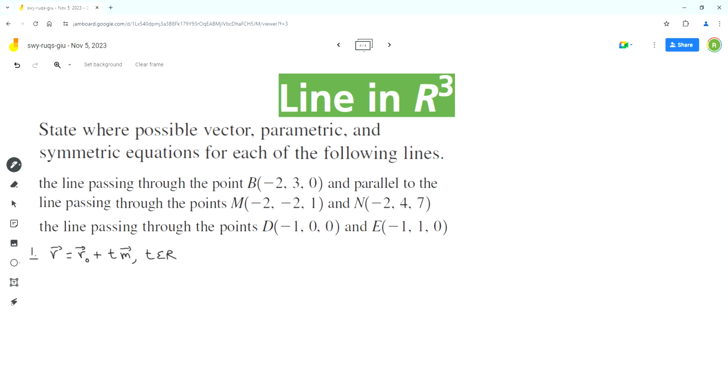Vector r0 represents position vector of a known point that lies on the line. T is the parameter and it can be any real number, and vector m is the direction vector of the line. As per the problem, the point B lies on the line, so we can use point B for position vector r0.